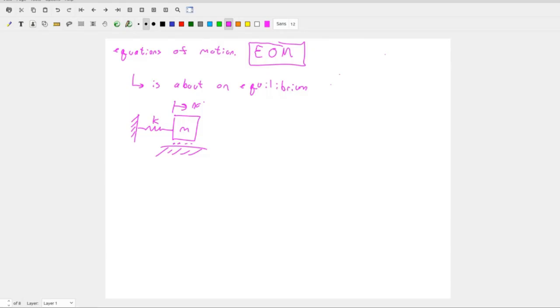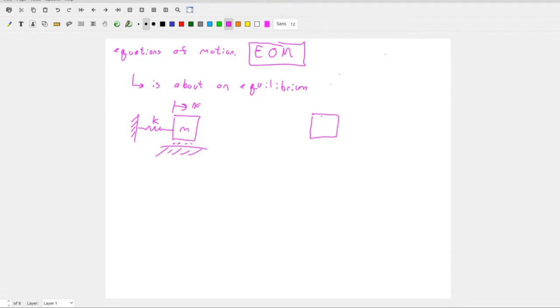Now we want a free body diagram of this. If we move to the right, like x is telling us, the force is acting to the left, correct?